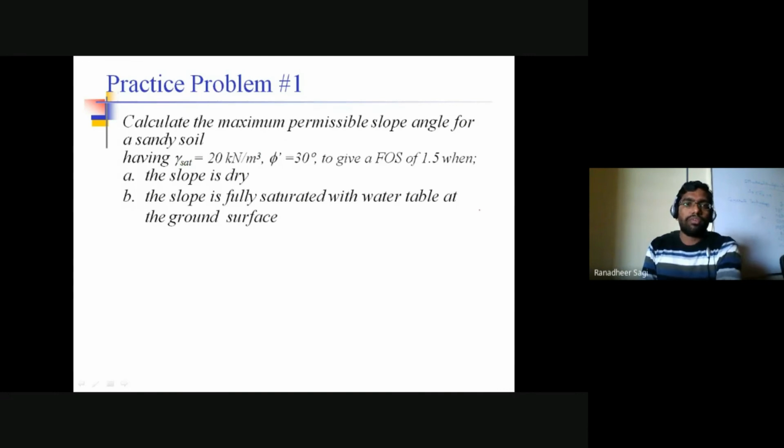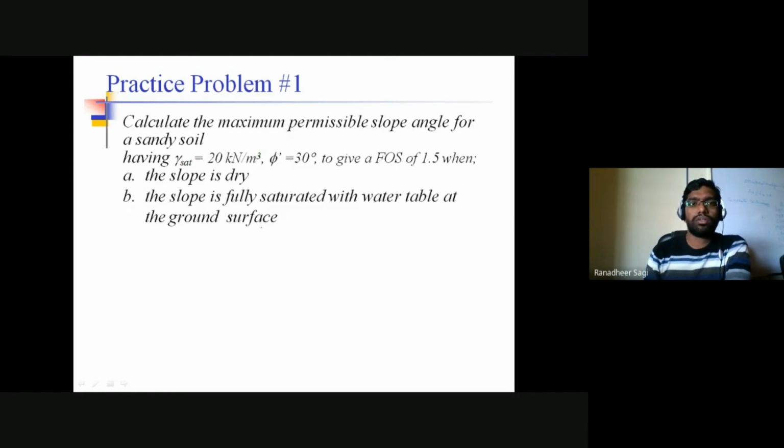So here we are given an infinite slope. We are asked to calculate the maximum permissible slope angle for a sandy soil. The soil given is a sandy soil, and what we are asked to find out is the maximum permissible slope angle, how much it can be provided.